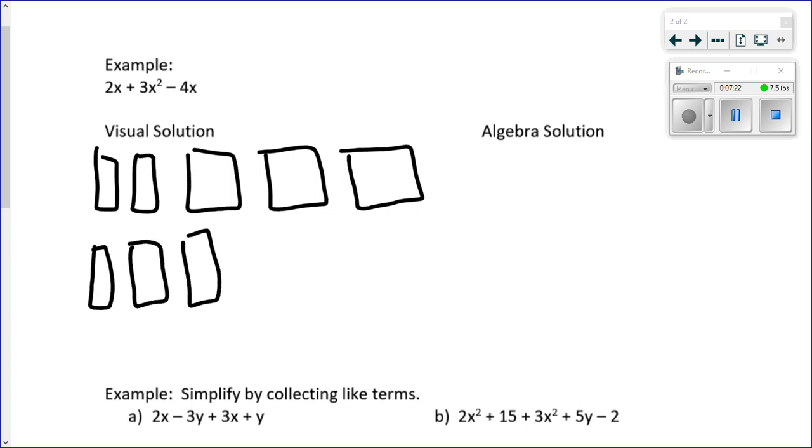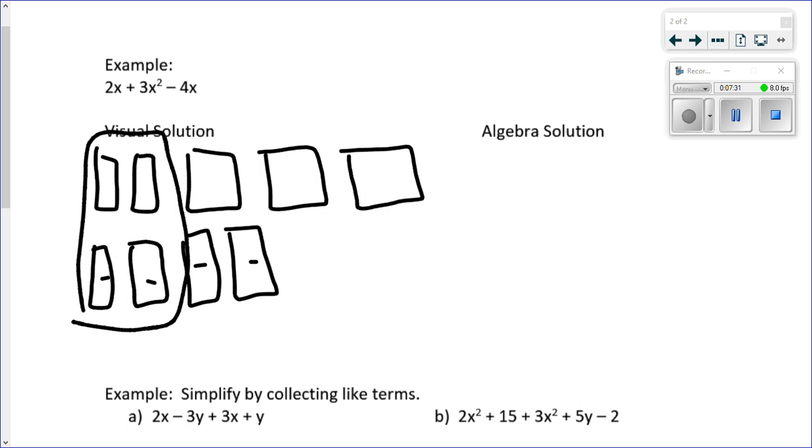That's better. Now, by the zero rules, these two match up and disappear. So we're left with 1, 2, 3, and 1, 2. Let's not forget our equal sign.